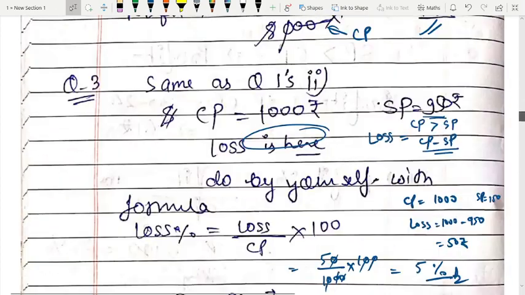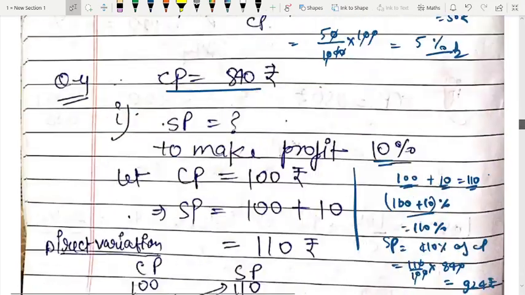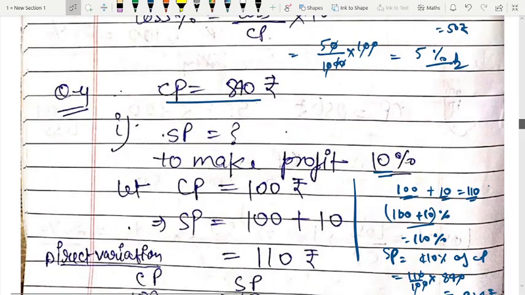You know very well, we have already discussed the unitary method. In this method we will assume the cost price. If the cost price is 100 rupees, then the profit is 10%. For 100, we can write 10% as 10 upon 100. 10 is our profit and 100 will be our cost price.